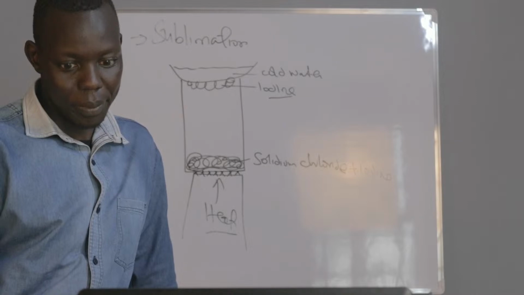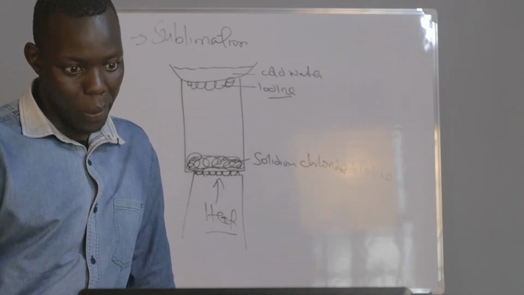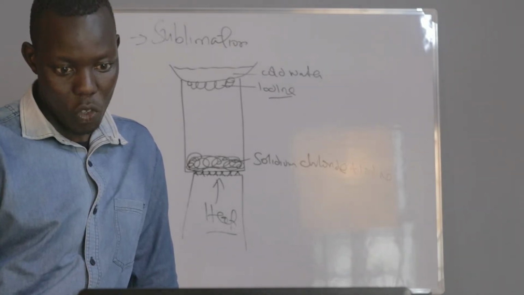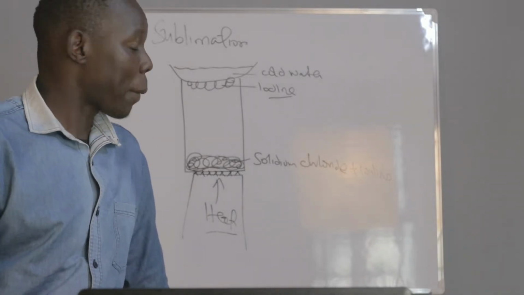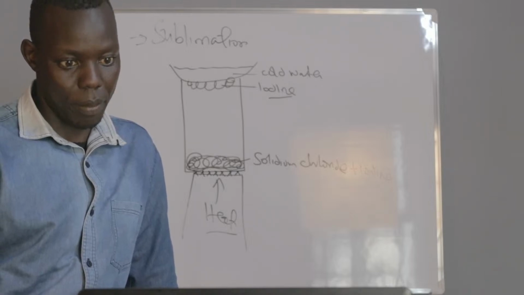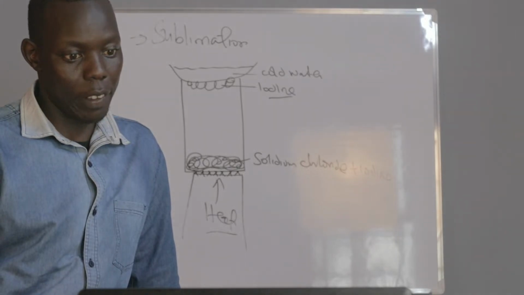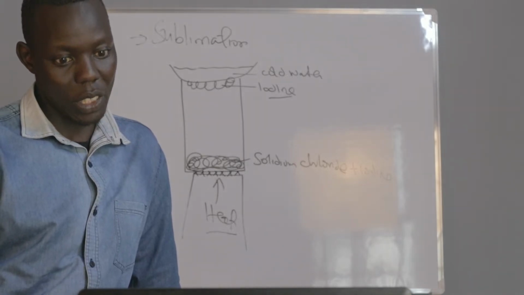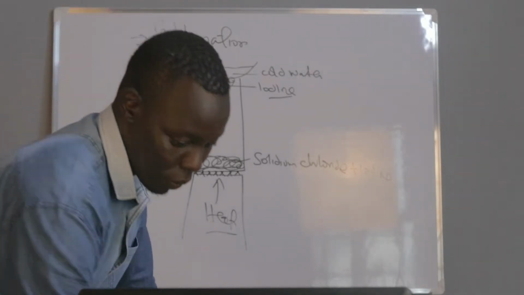Now let's look at something else. Let us look at now solid liquid mixture. As I had written there, we have two categories of them. The first category is the ones in which the solid dissolves and the ones in which the solid does not dissolve.